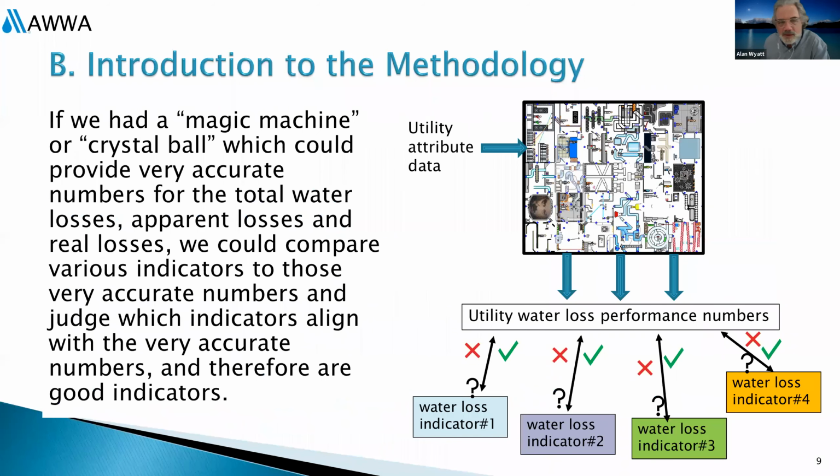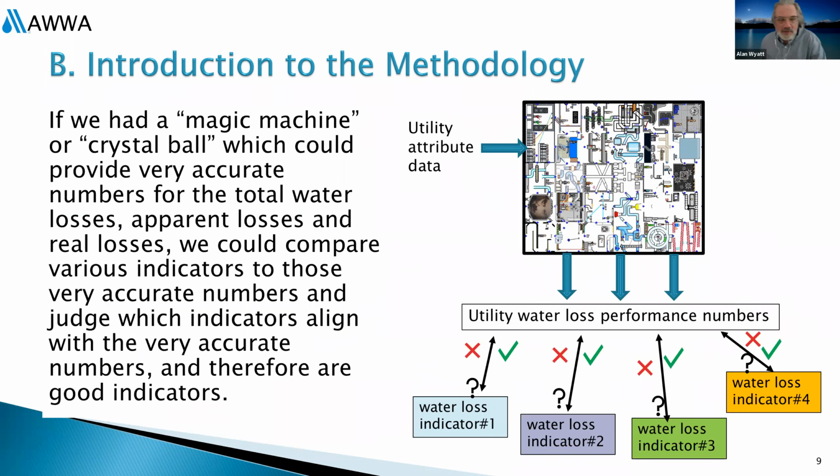So nothing being perfect, the objective was to look at the rigor of these different things. And it could end up that multiple indicators are rigorous. It's not that there's just one that works. In fact, having several is useful.